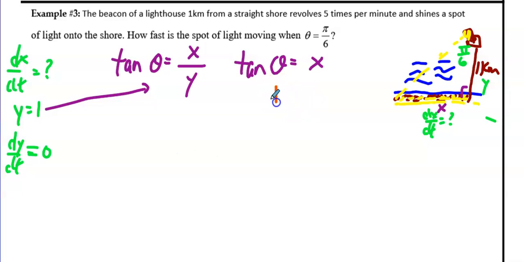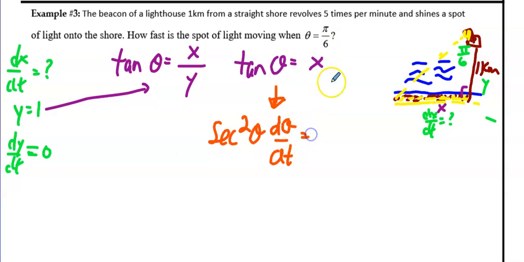So let's implicitly differentiate. The derivative of tangent of theta is going to be secant squared theta times d theta/dt. And then the derivative of x is simply going to be dx/dt.